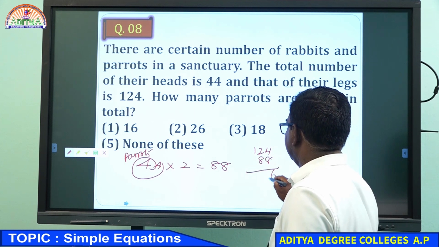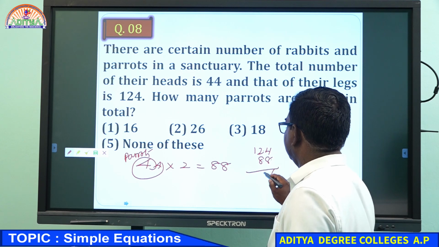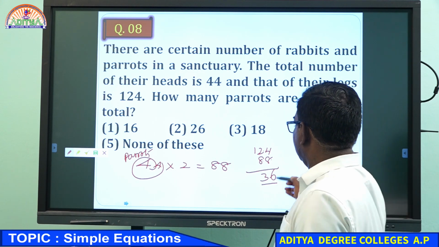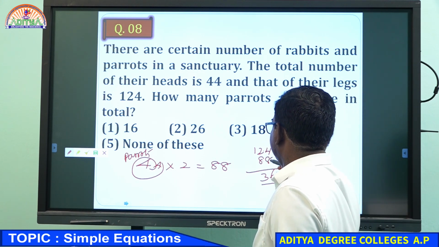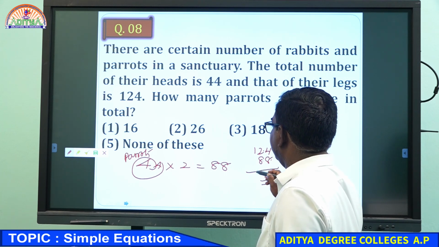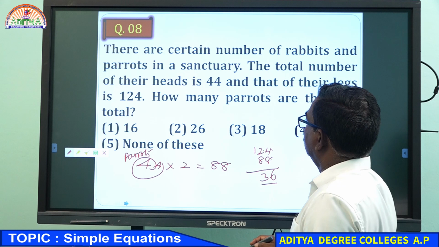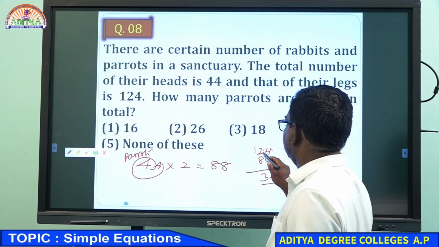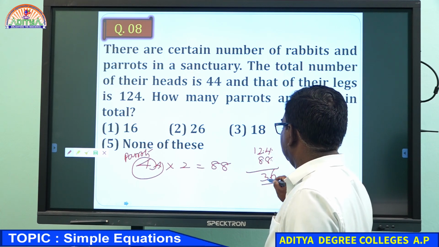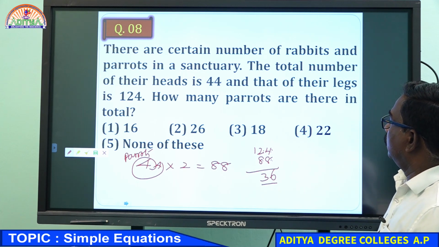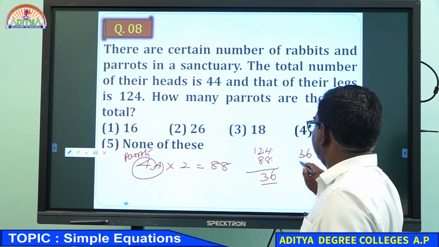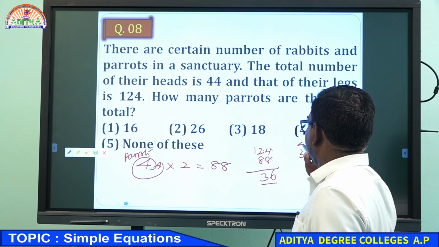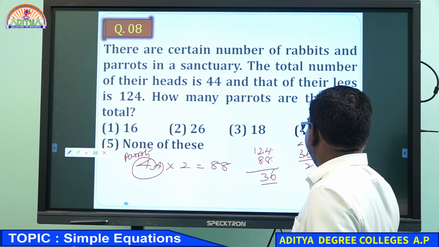So the difference is 36. 36 by 2 means 18.